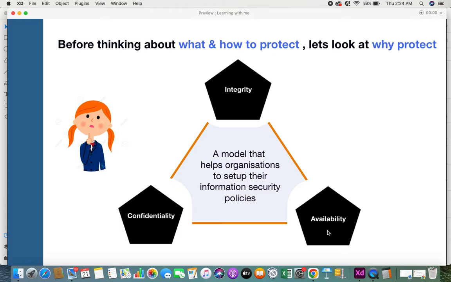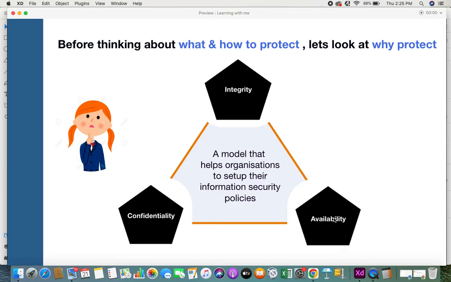You should be sure also not to disclose information to unauthorized users. These are the key aspects on which security needs to be based, and guidelines. Some organizations use the CIA triad in order to set up their information security policies.